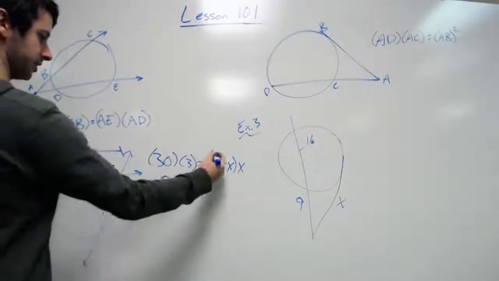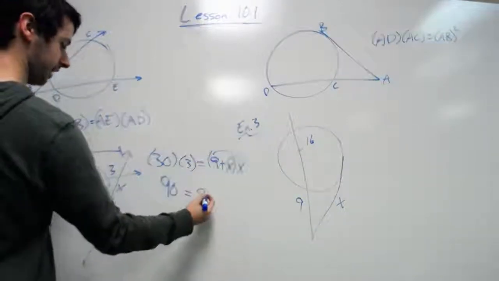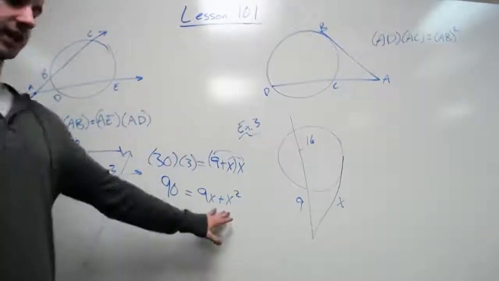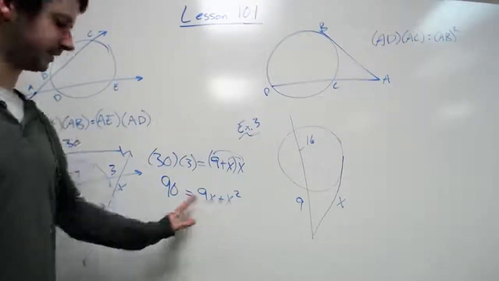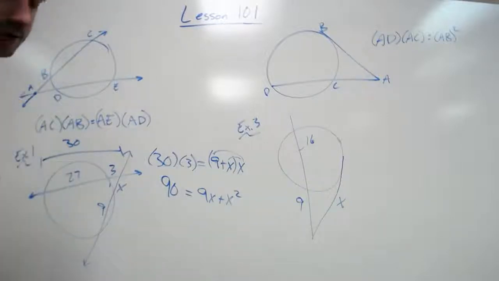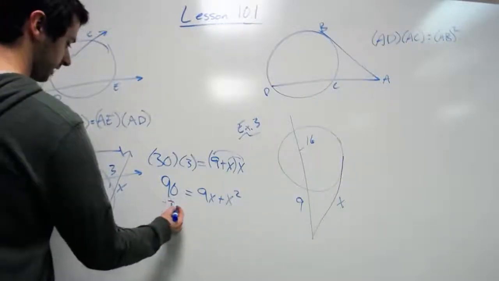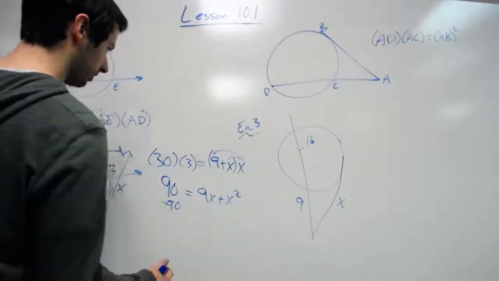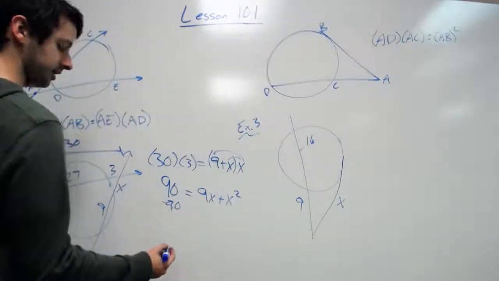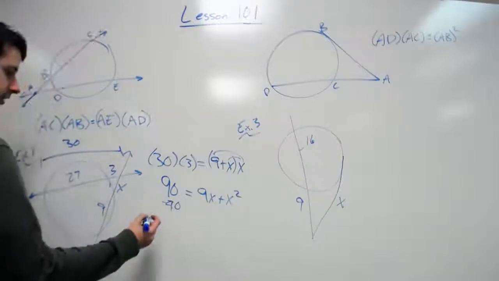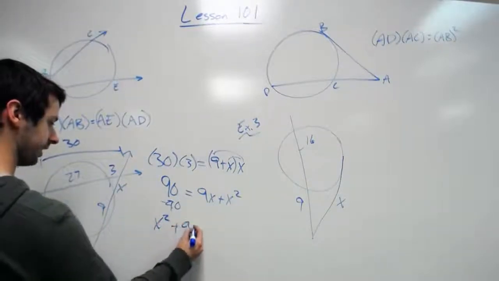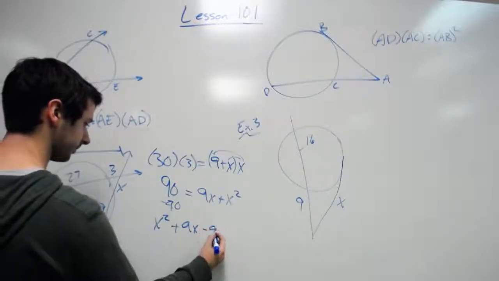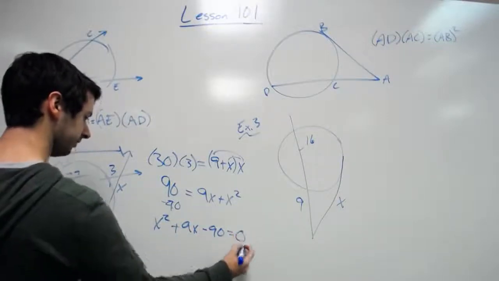We distribute here and get 9x plus x squared. Since I got an x squared, I need to get everything on one side. So I'm going to subtract 90, and that's going to end up looking like x squared plus 9x minus 90 equals 0.